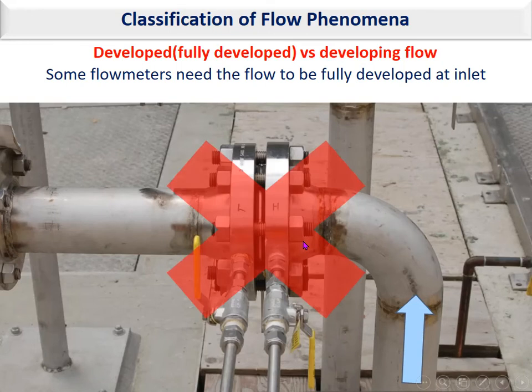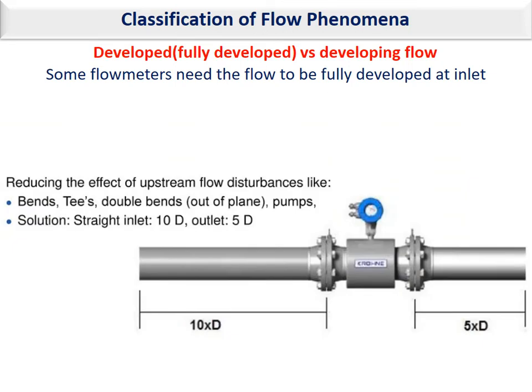So you can see that this is very important, and this is one of the applications of knowing about developing or fully developed flow. Actually, flow meter manufacturers generally advise the user to install a straight pipe, as you can see here. For example, for this example, it is 10D before this flow meter.